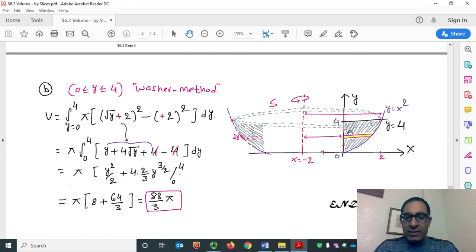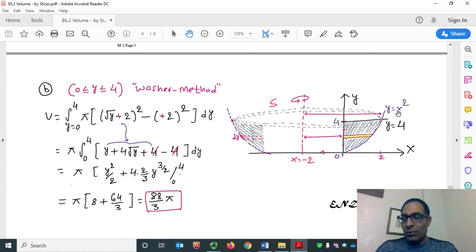Now we reach the y-axis. From the axis of rotation to the y-axis is 2 units, and from the y-axis to the parabola is just x, right? Are you following me here? So the total distance, that means the outer radius, is 2 plus x.